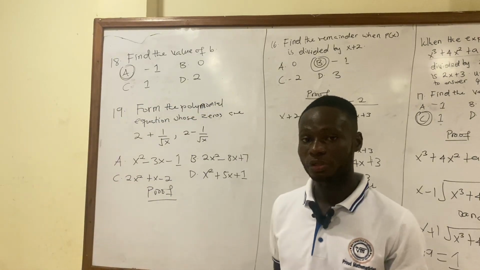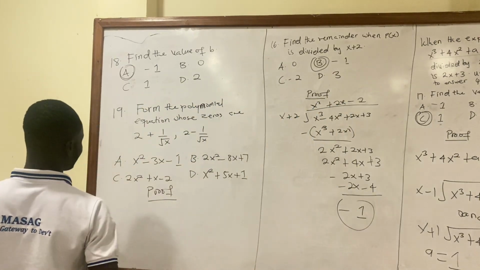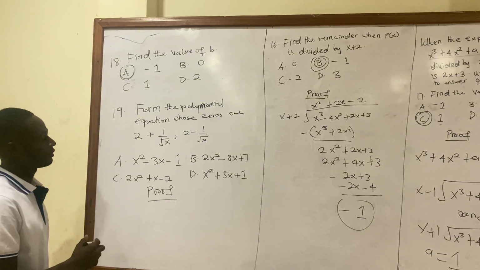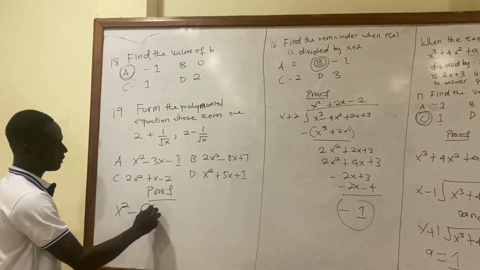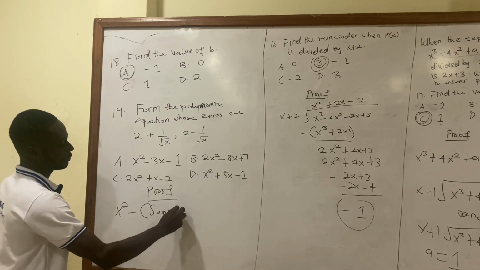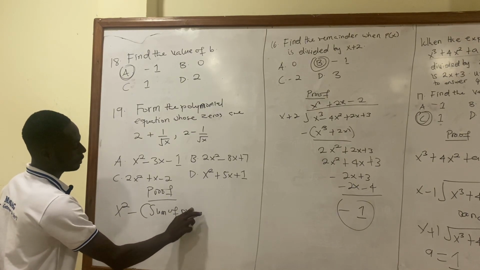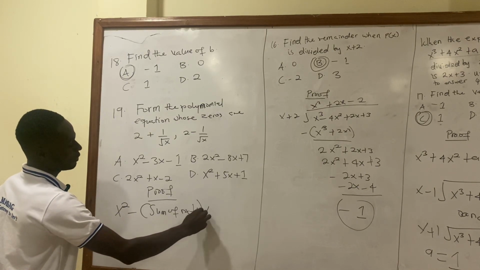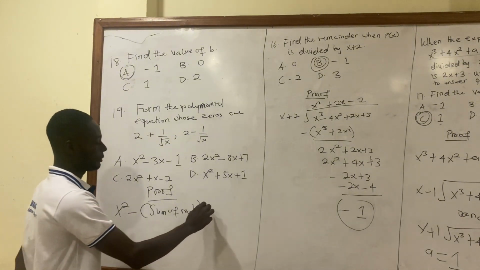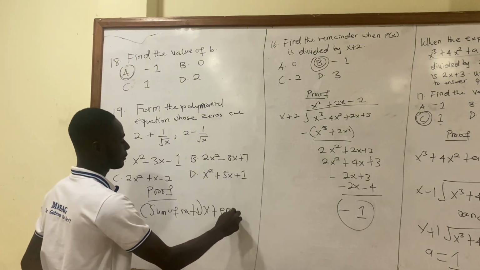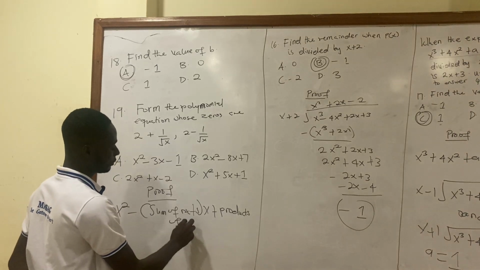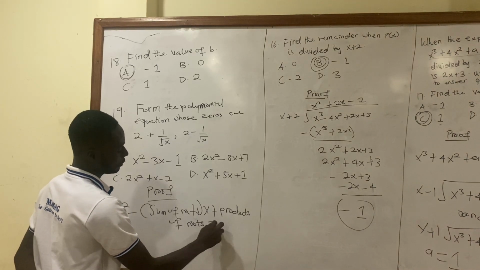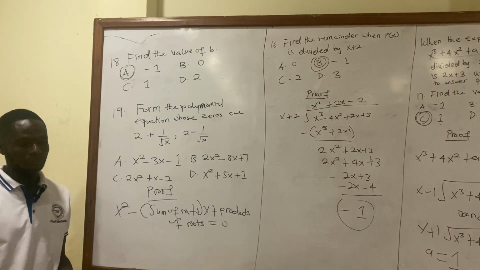All right, and we already know the general equation for the polynomial: x squared minus sum of roots times x plus product of roots should be equal to 0.